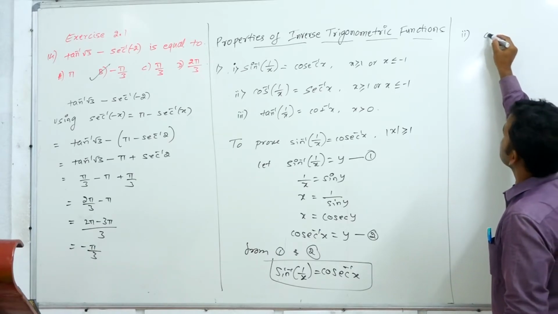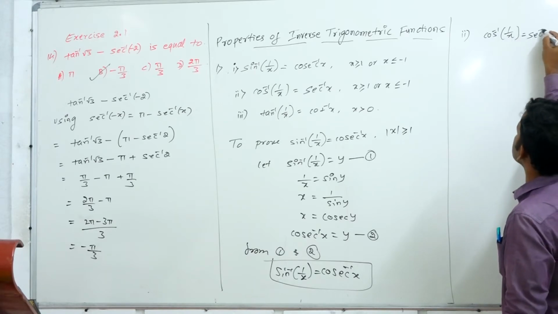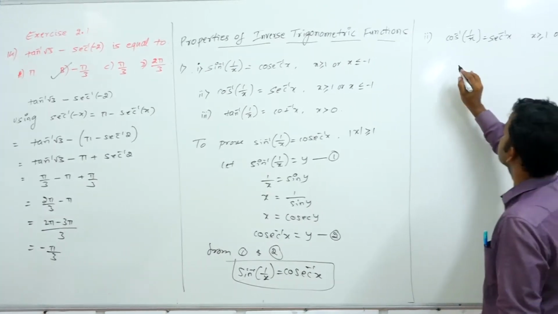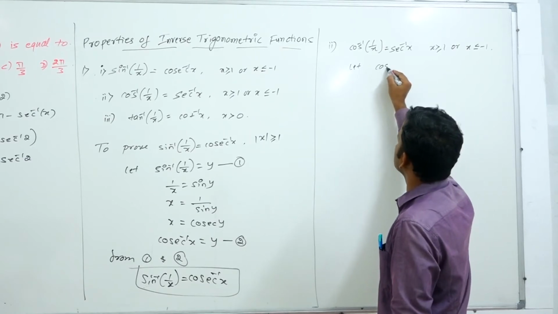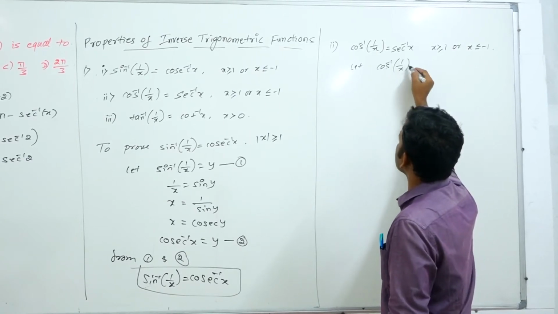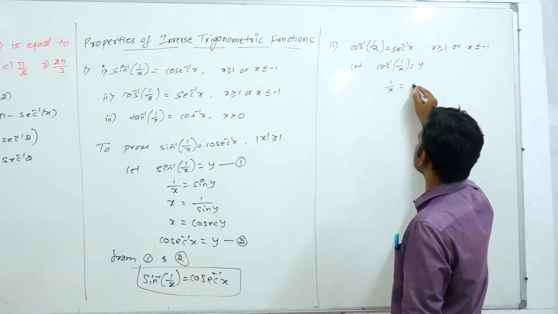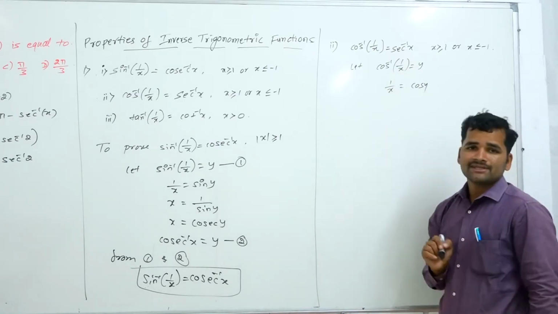Coming to the second one, cos inverse of 1 by x is equal to secant inverse of x. Again this is valid only when x values are greater than or equal to 1 or less than or equal to minus 1. To prove this, let cos inverse of 1 by x is equal to y. Very simple. This 1 by x is equal to cos y, we will write. What we want is secant here.